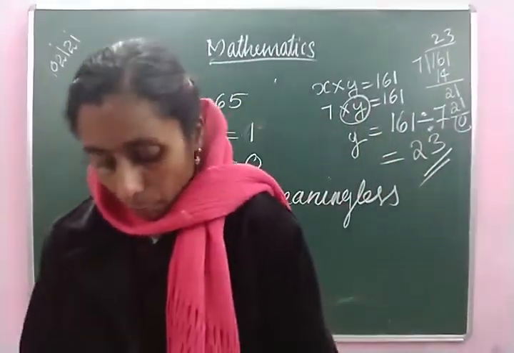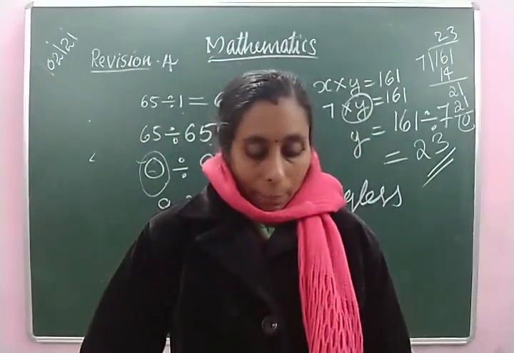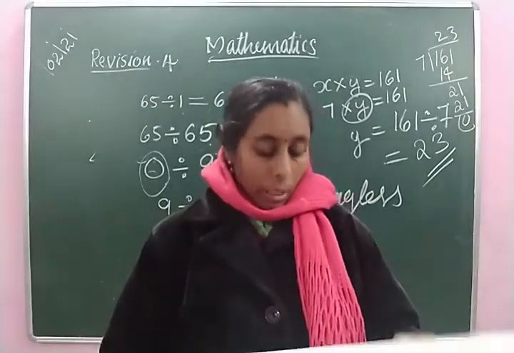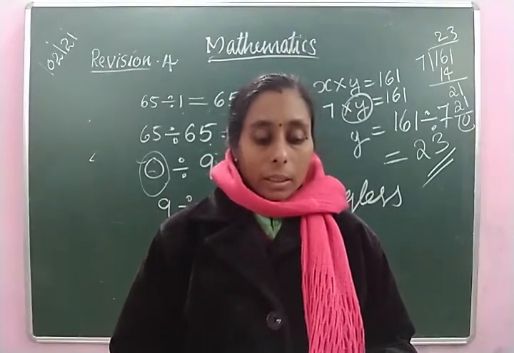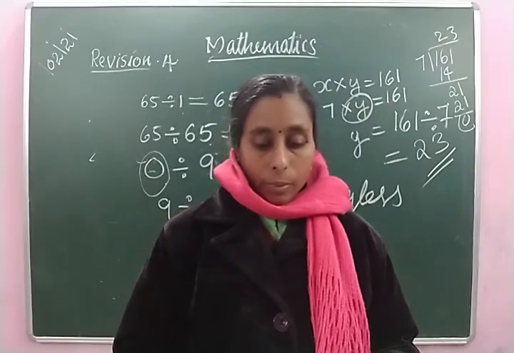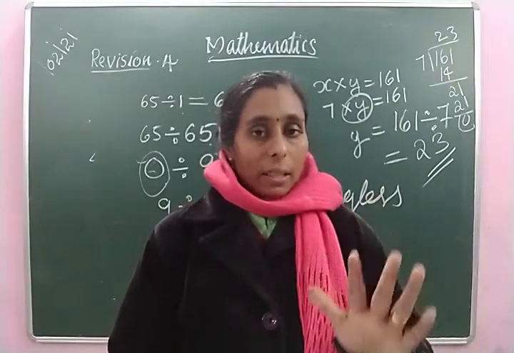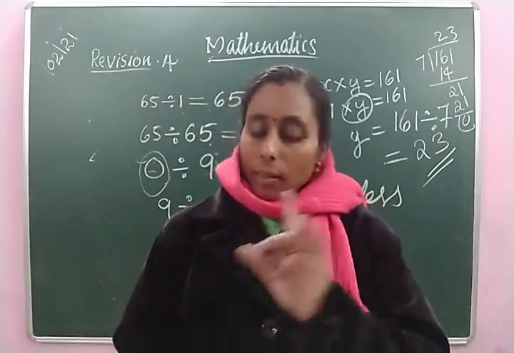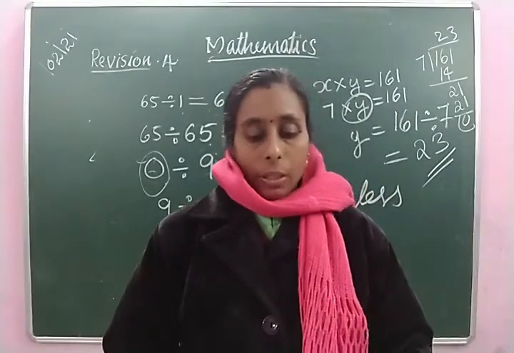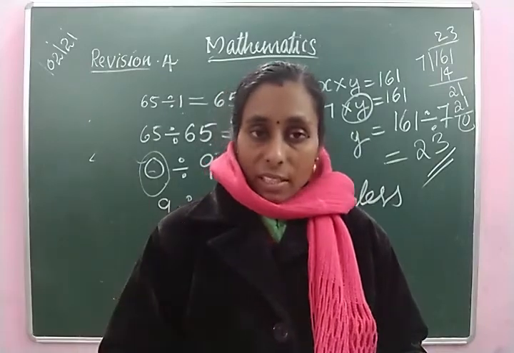Then the rest of the word problems you can find from your PDF and learn them. Then multiple choice questions, page number 122. When 538 is divided by 10, the remainder is... just now we revised, dividing by 10, the last one digit becomes the remainder and the rest of the number becomes the quotient. Here 538 is the dividend and the divisor is 10.